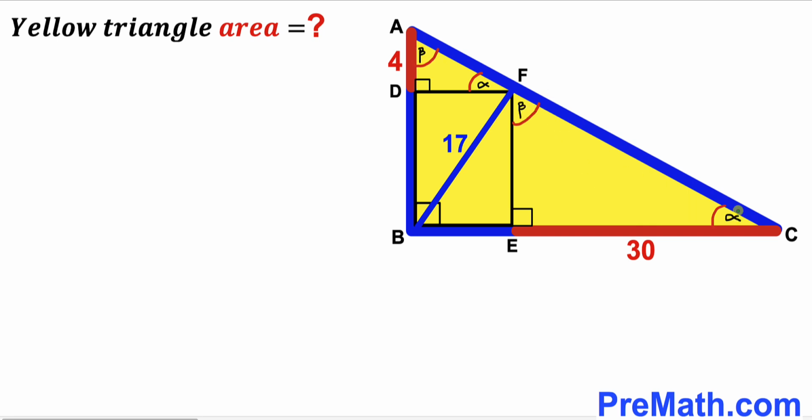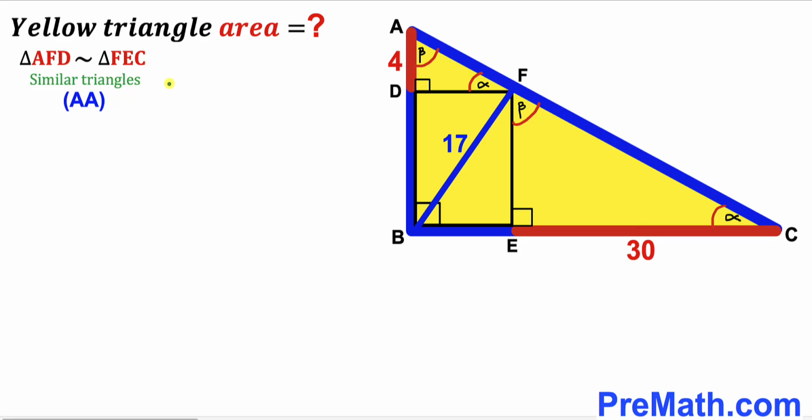So therefore we can see that these two angles, alpha and beta, are complementary angles. So therefore we conclude that these two right triangles, triangle ADF and this other triangle FEC, are similar triangles according to the angle-angle similarity theorem.